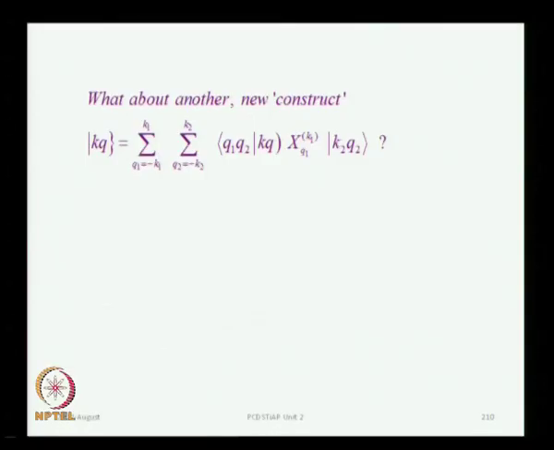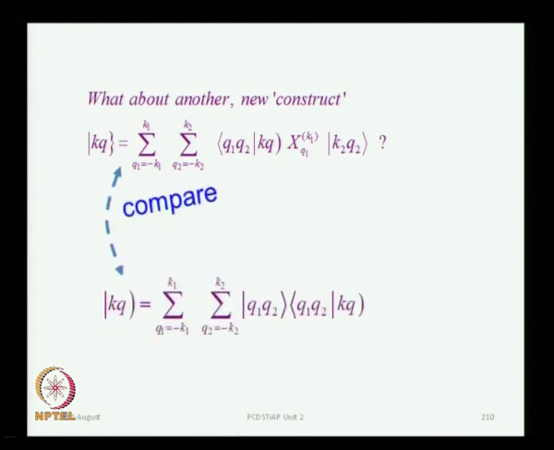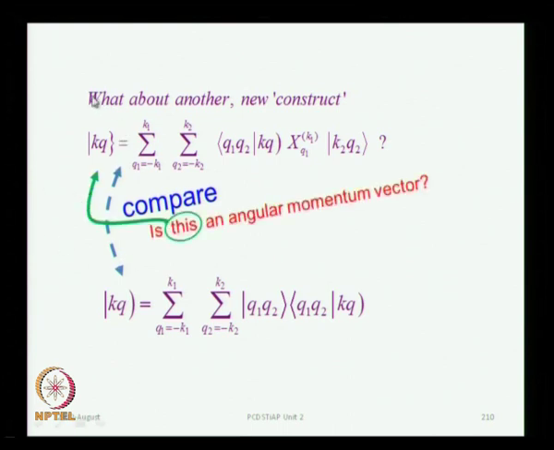So, our question now is, what kind of a vector is this? And notice that this relationship is exactly identical to the composition of two angular momentum vectors using Clebsch-Gordan coefficients. So, it is exactly an identical relationship, and the question is, this beautiful bracket, is it an angular momentum vector?